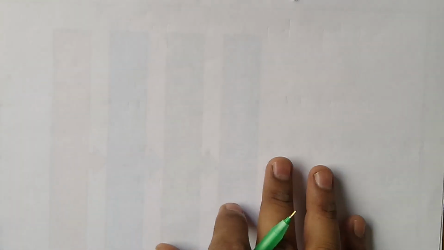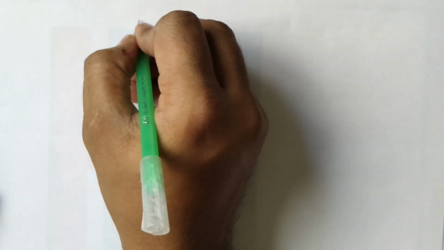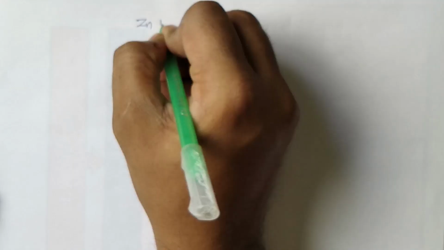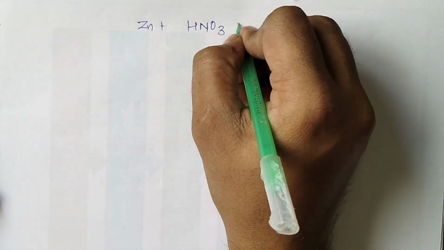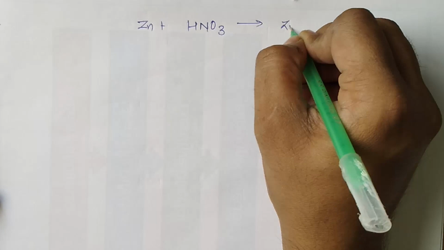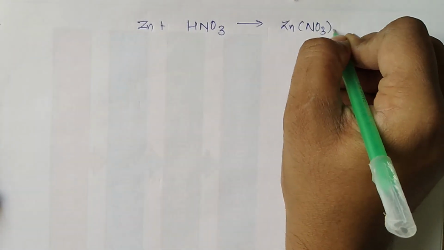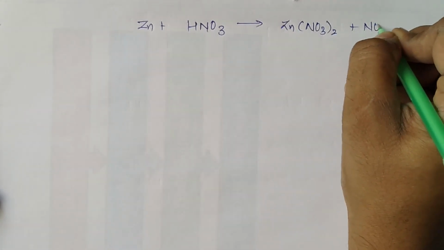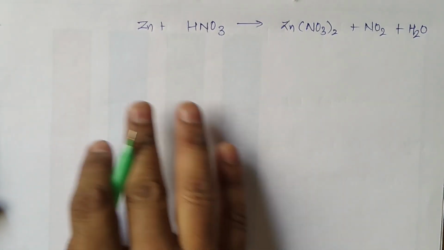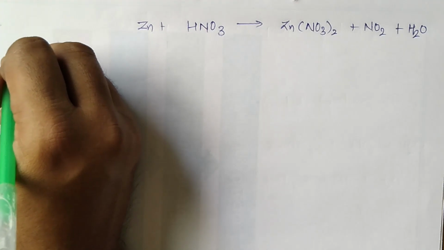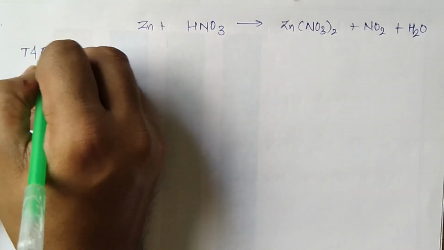Now let's solve these equations by both the methods. I'll take the first equation, that is Zn plus HNO3 gives Zn(NO3)2 plus NO2 plus H2O. Okay, so let's first solve this by the trial and error method.